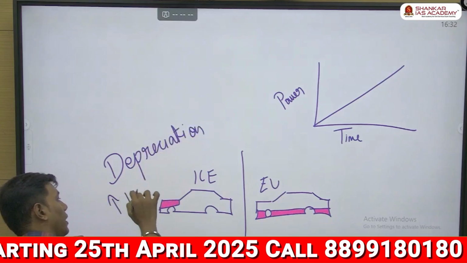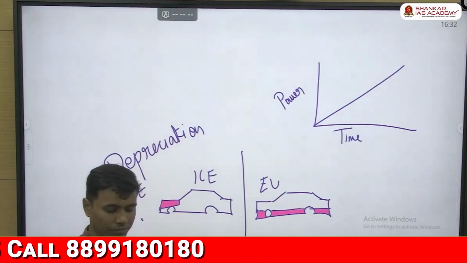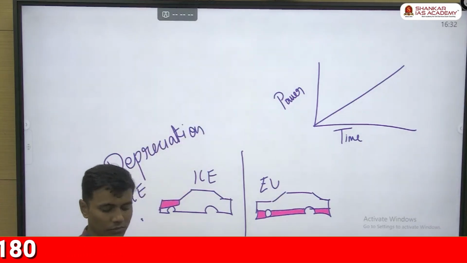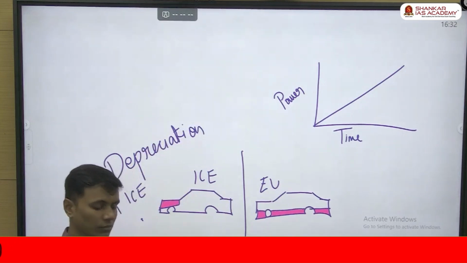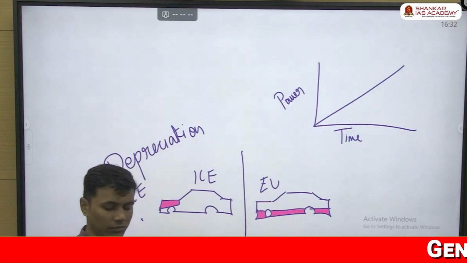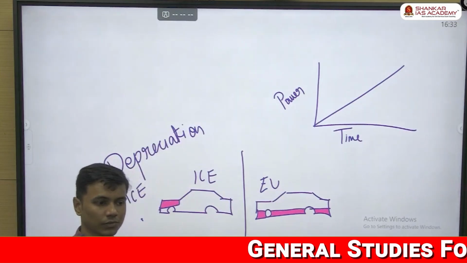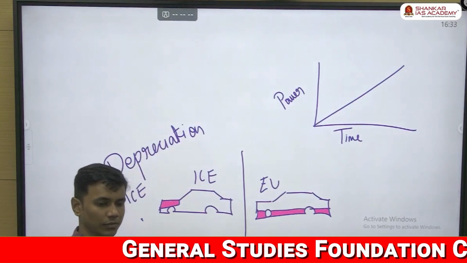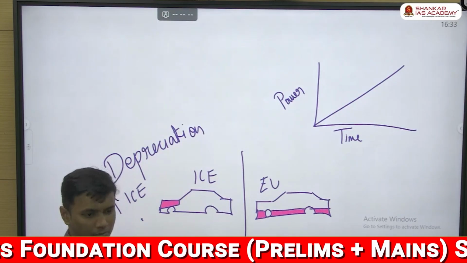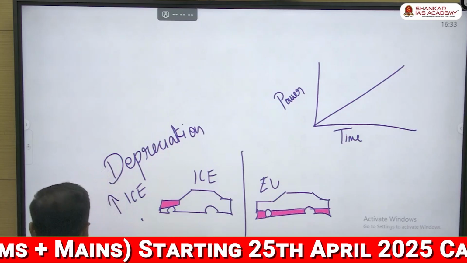It's high for internal combustion engine, but it's low for electric vehicles. How many points? At least 5 to 10 points. Okay, you can close the tabular column.